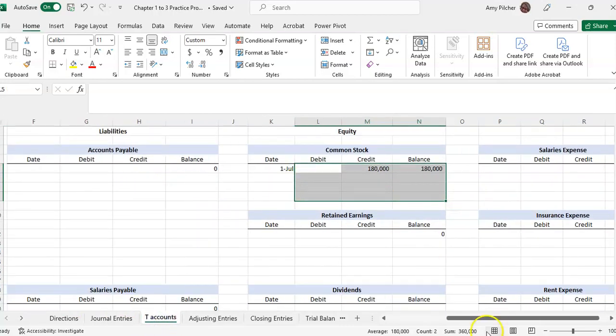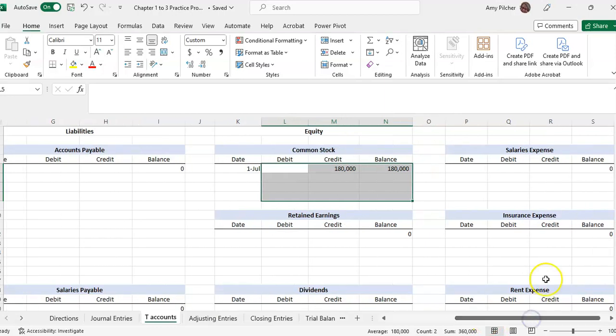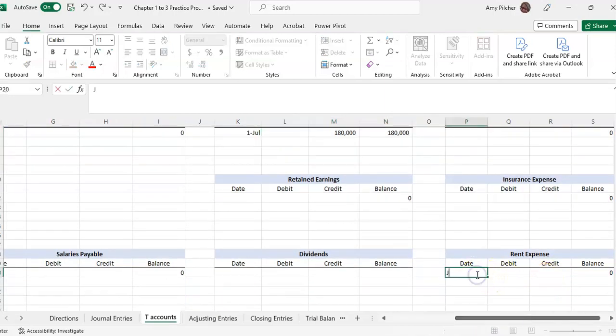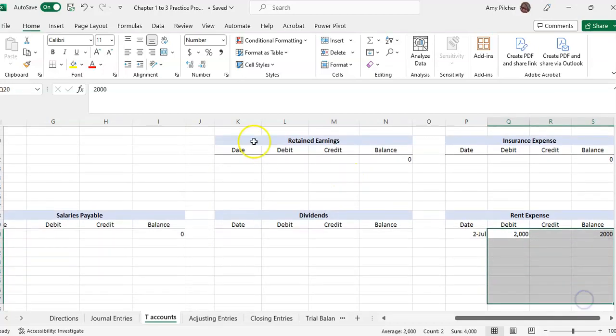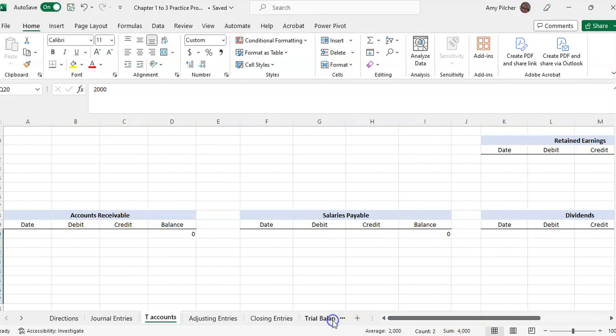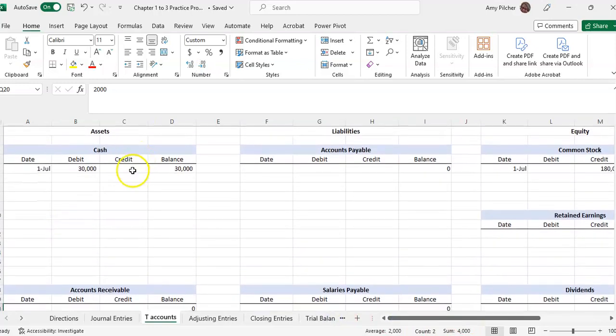Now we have a rent expense here, July 2nd. Our debit is to rent expense for 2,000. I'm going to make all of those be numbers. And we have reduced our cash by $2,000.